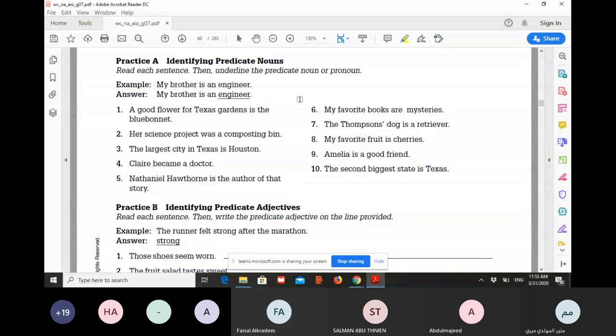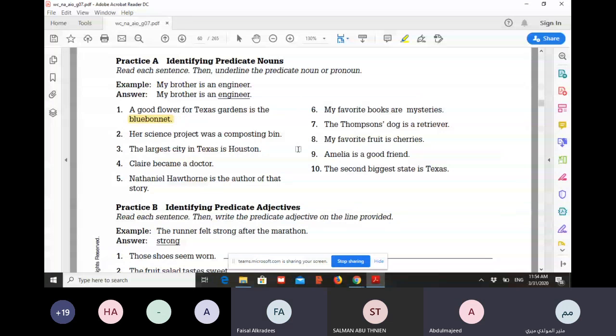A good flower for Texas gardens is a bluebonnet. Where is the predicate noun or pronoun here? Bluebonnet. Excellent. Can I do the next? Yes, please.